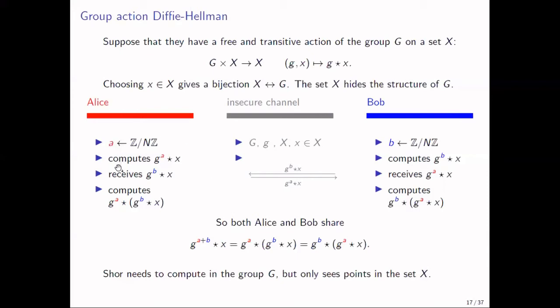Alice does exactly the same thing, but instead of sending g to the a, she sends the result of the action g to the a on some chosen element X. Bob does the same, and then when Alice receives g to the b acting on X from Bob, she acts on it by her g to the a, and because this is a group action, they both end up with g to the a plus b acting on X. So they end up with the same element in the set.